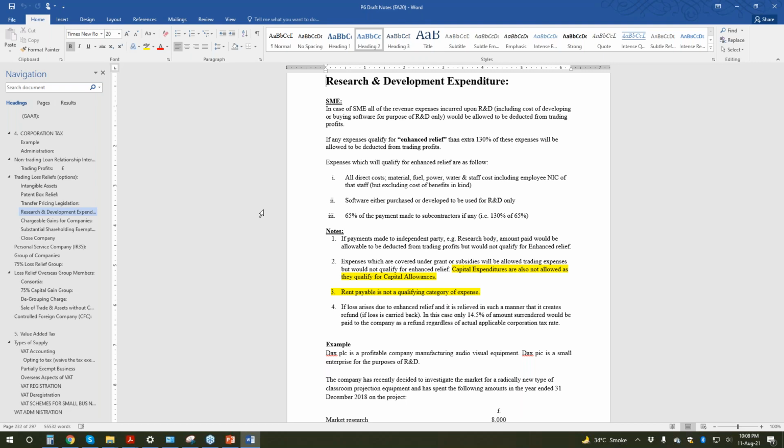However, only 65% of the payment can apply for relief, which means 35% of the payment will be disallowed. So if the total R&D payments include any subcontractor payment as well, you should separate that payment first, then only add 65% of that payment into the amount, and then multiply it by 130%. So we will be doing the calculations later on.